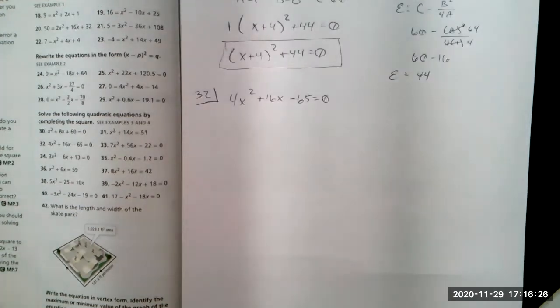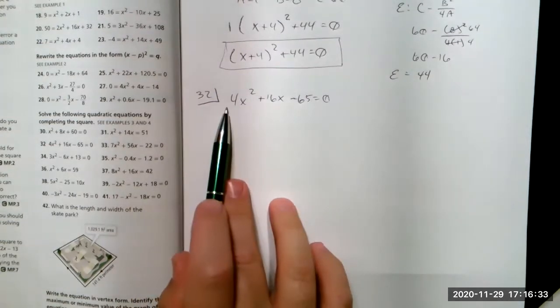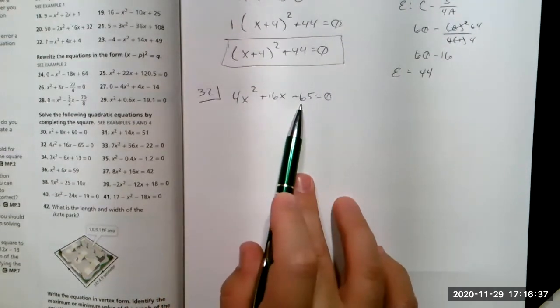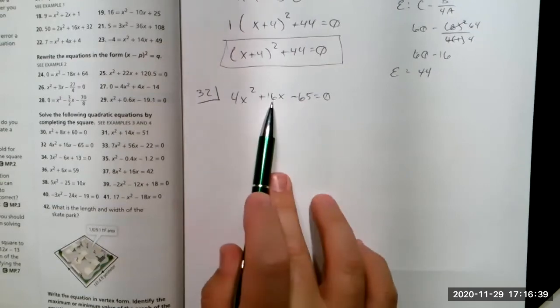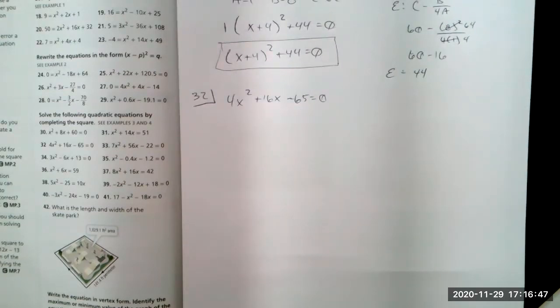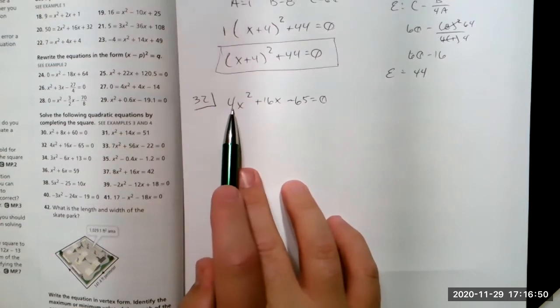So if you're looking at 32 and you want to complete the square, make sure you go through here and you divide everything by 4. If you do that, this is going to be a decimal. So if you're completing the square like we have been so far, make sure that A value is a positive 1.